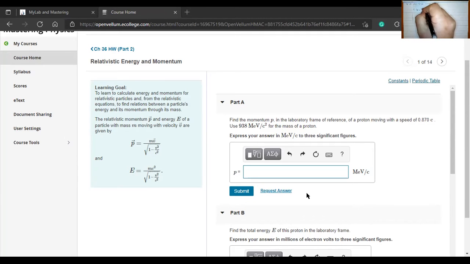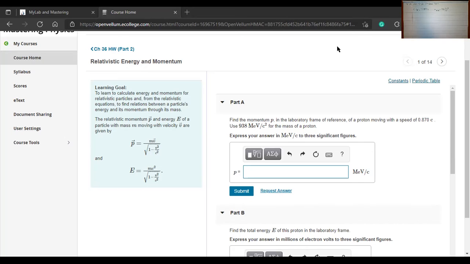That should be a little bit bigger than 2, because remember 0.86605 was gamma equal 2. And we're going to use 938 MeV per c squared for the mass of the proton. So M proton is 938. Now that's weird, but this is what we do. We say MeV per c squared. And if you get more advanced, I'll just drop the c squared and really get you nice and confused.